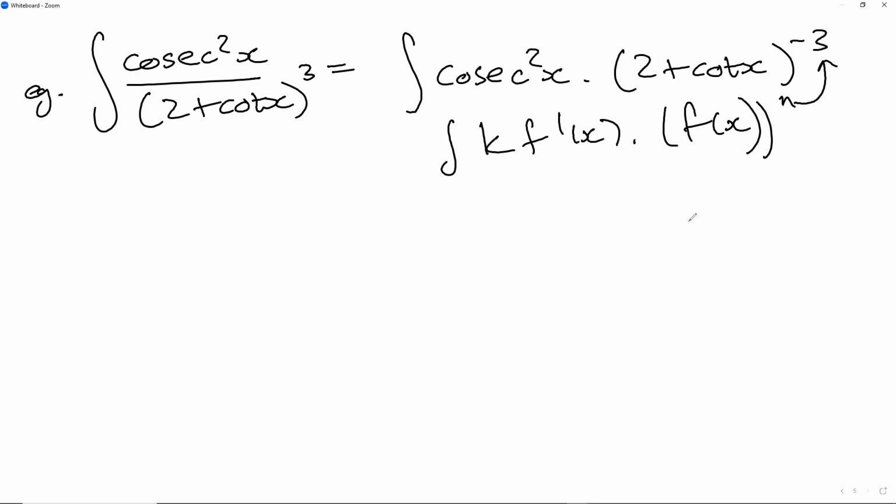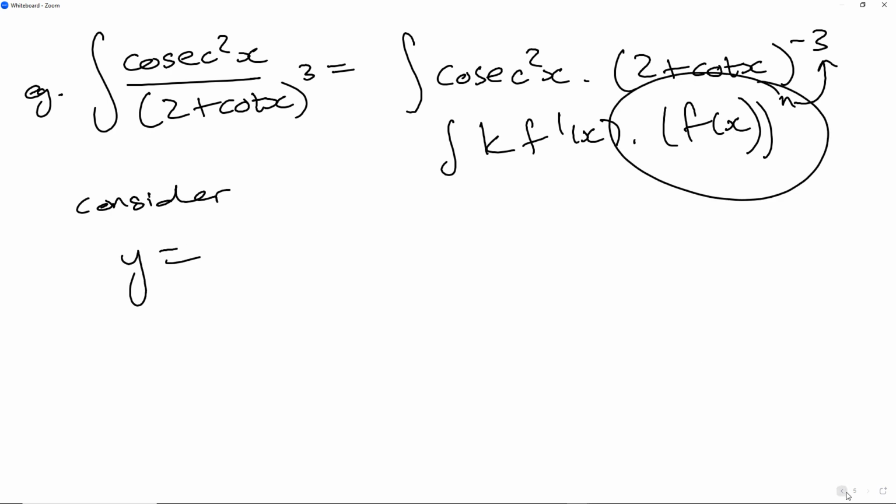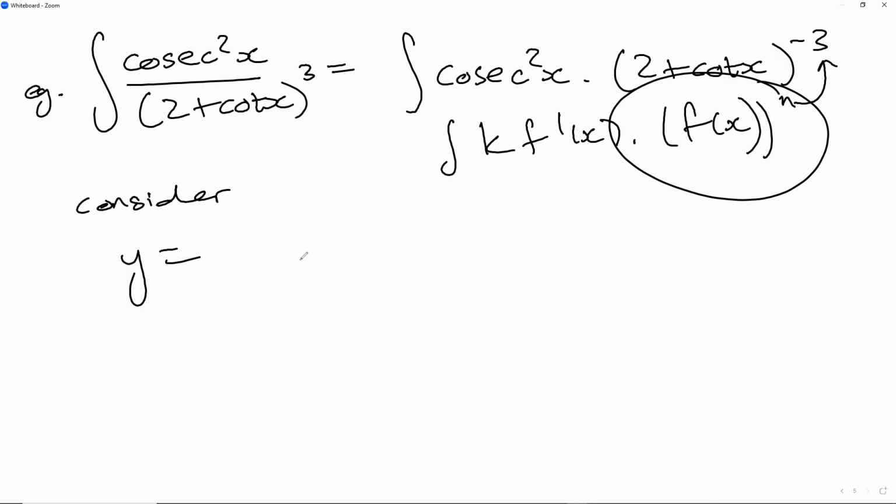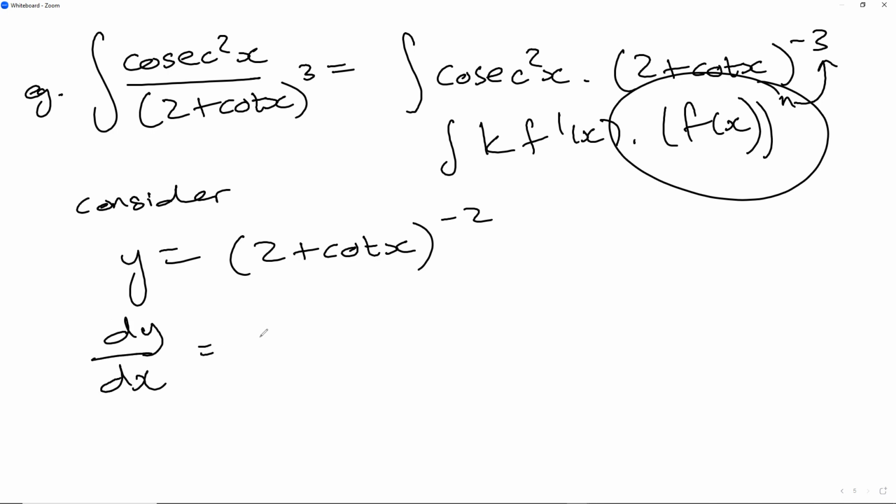Now, if I consider y equals to that to the power of n plus 1, so y equals (2 plus cot x) to the negative 2, and I then derive this, finding dy/dx using chain rule, I'll end up with negative 2 times (2 plus cot x), and the derivative of cot x will come in afterwards.